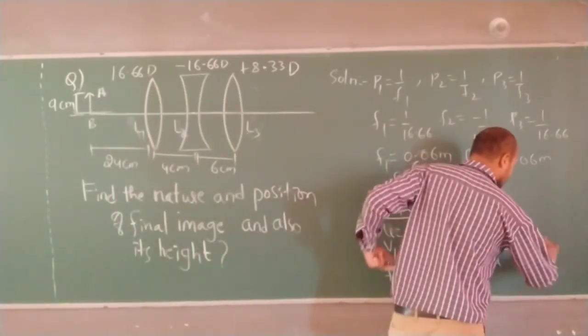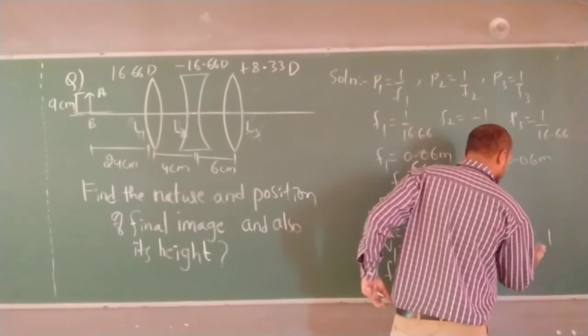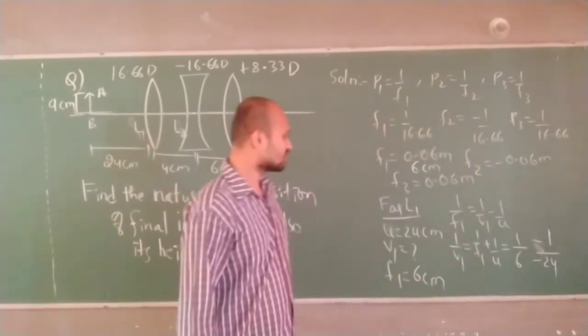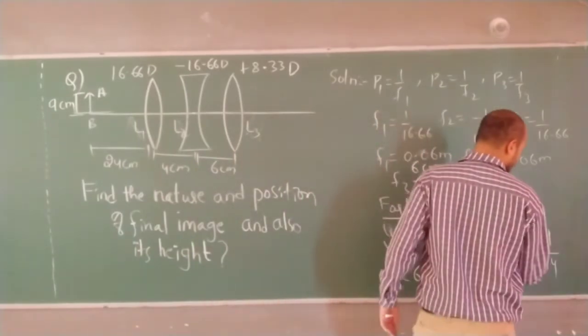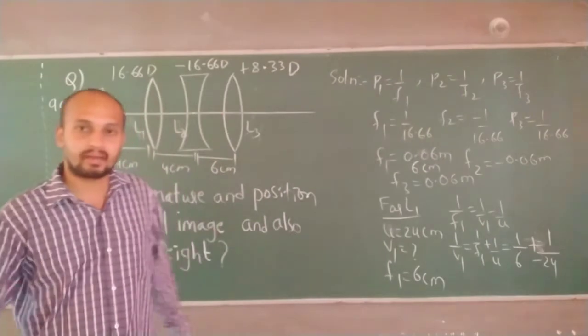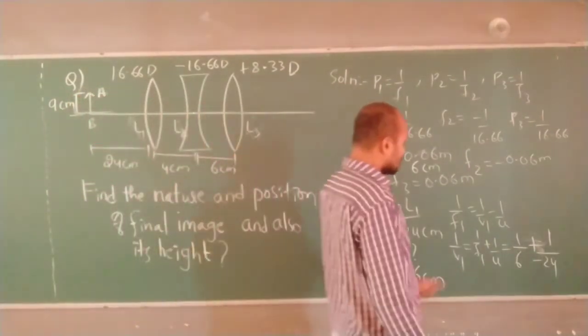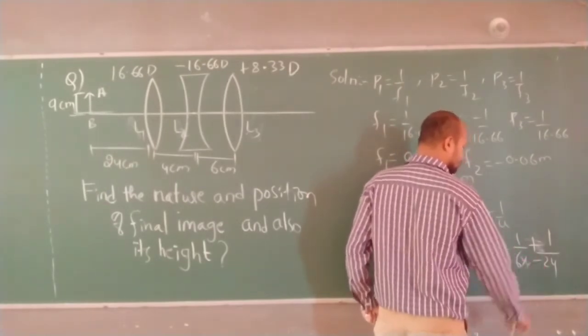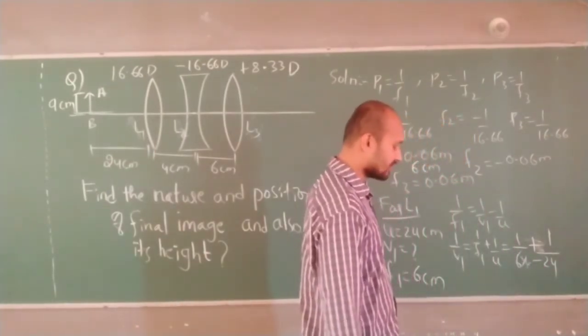1 by 6 plus 1 divided by minus 24. Here the minus sign is there, so you multiply this by 4. 6 4s are 24.